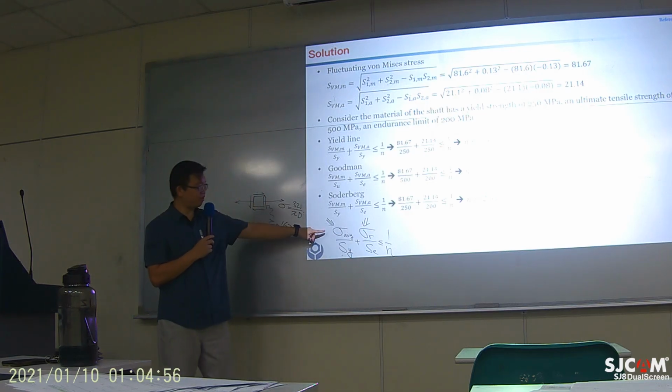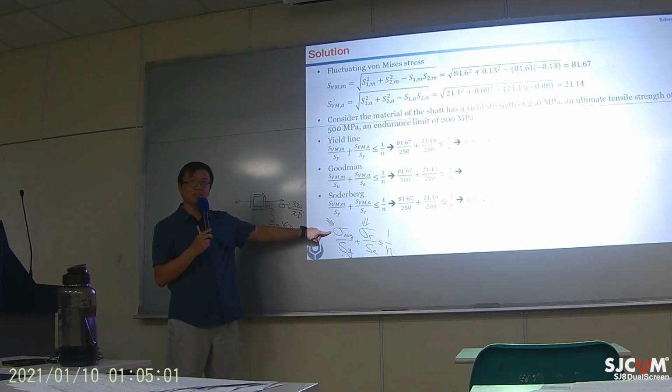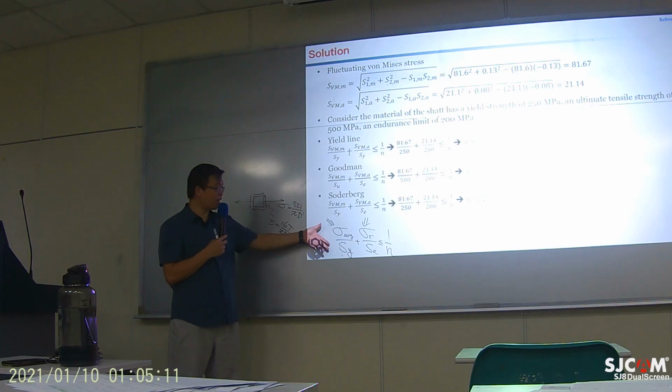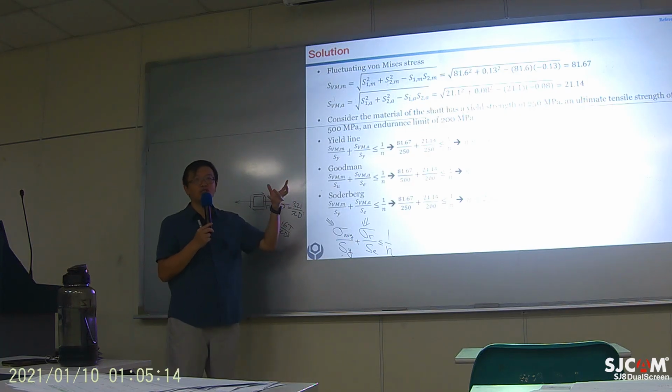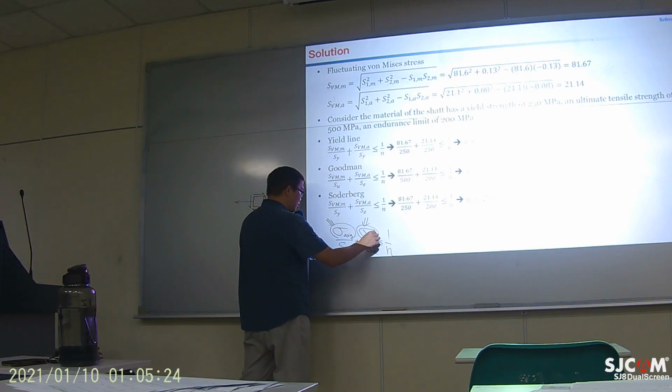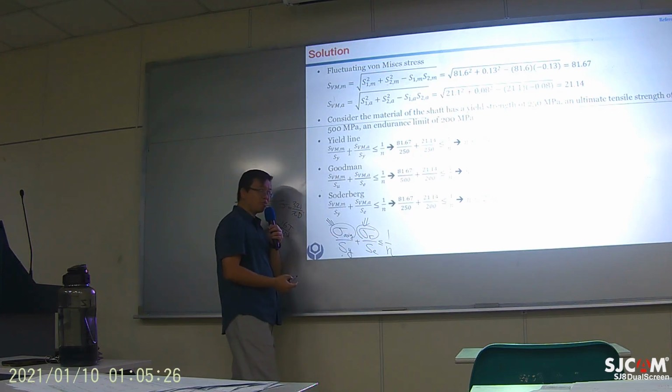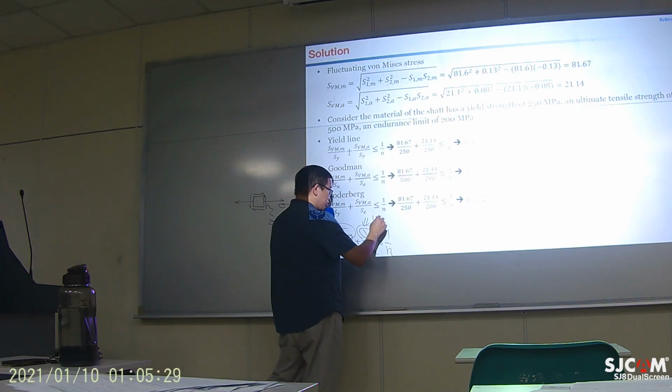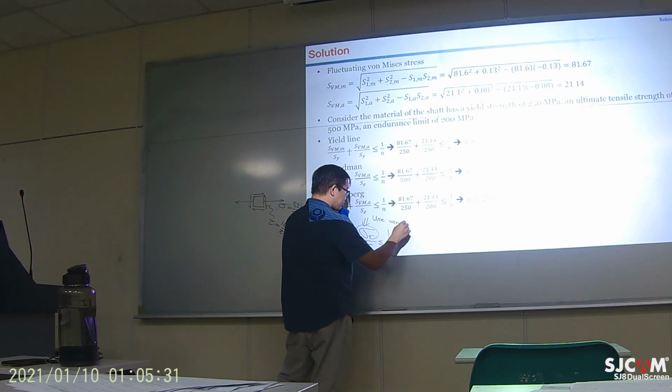We only have normal stress right here, no shear stress. But if you look at the original problem, there's actually shear stress. So how do we use the fatigue model if the model doesn't have the term for shear stress? What we are doing in this part of the lecture is, for all the model values, when we need normal stress value here, we use von Mises stress.